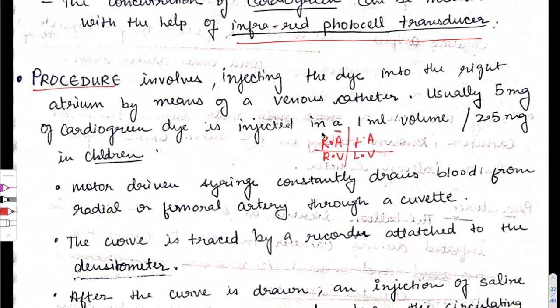We introduce the dye here by means of a venous catheter. A catheter is a tube-like structure which is used to deliver fluids into the body.